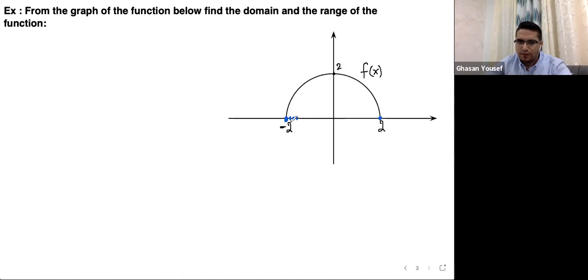Why? Because look, at this value, the y is here. This is the y. At this point, for example, we use all these values to graph the function. And at 0 exactly, what is the y value at 0? If x is 0, what's the y value?